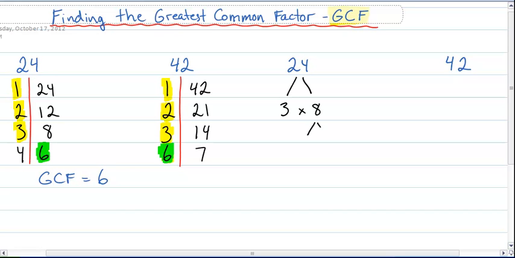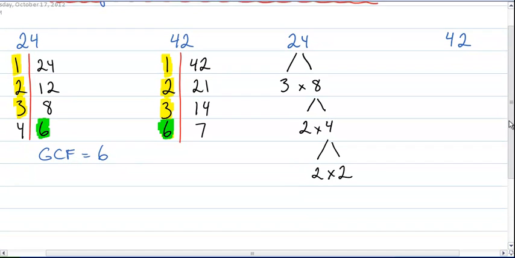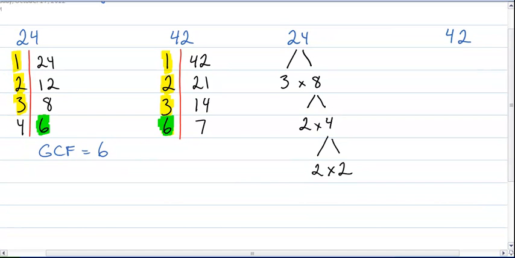I break 8 down into 2 times 4, and then I can break 4 down into 2 times 2. And so for 24, I'll list all the prime factors of 24 as 2 times 2 times 2 times 3.